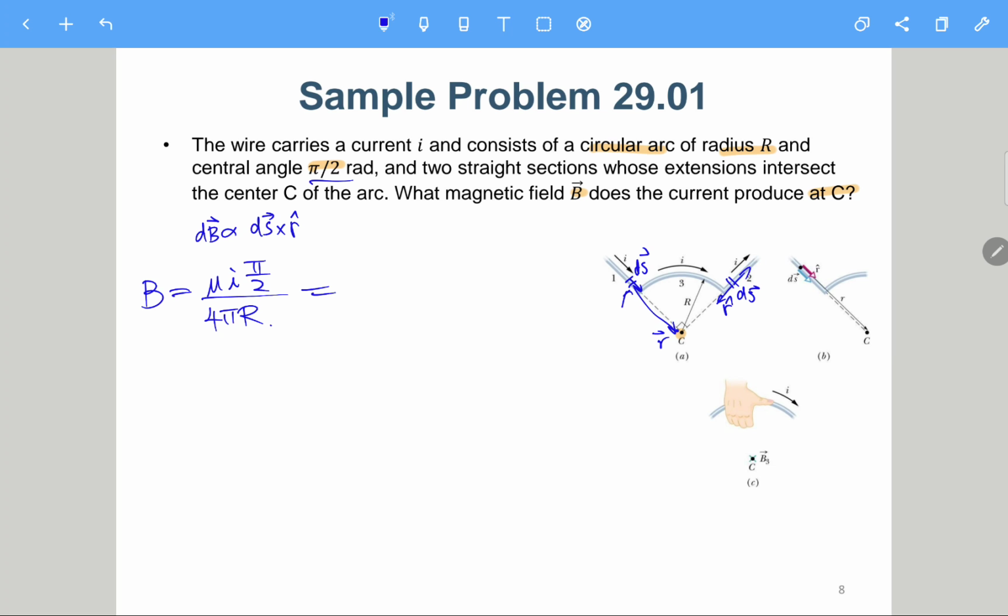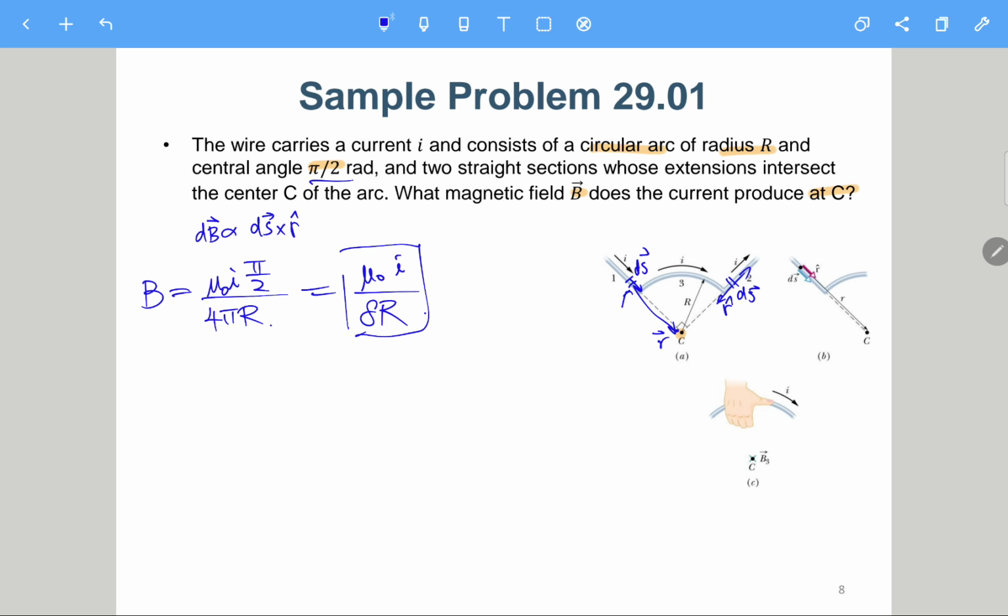So this is nothing but mu0 I, pi and pi cancel, so we have 8r at the bottom. This is the magnitude of the B field.